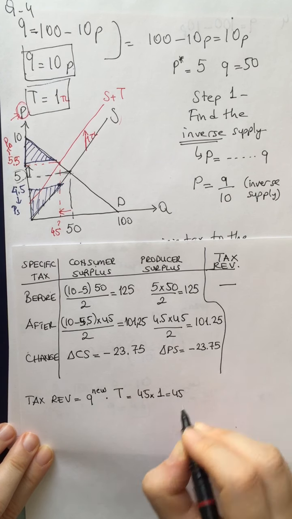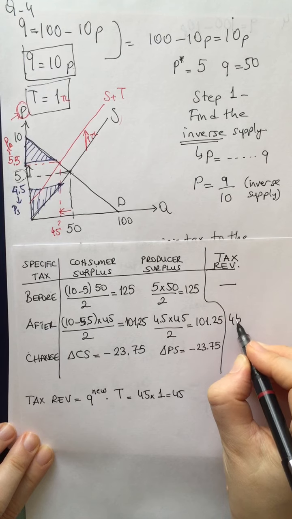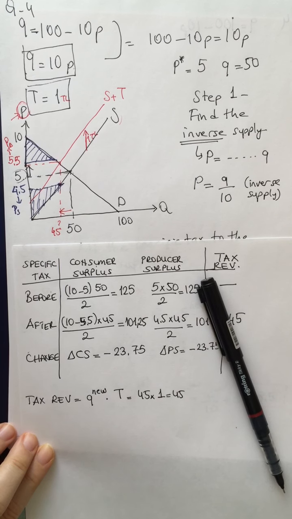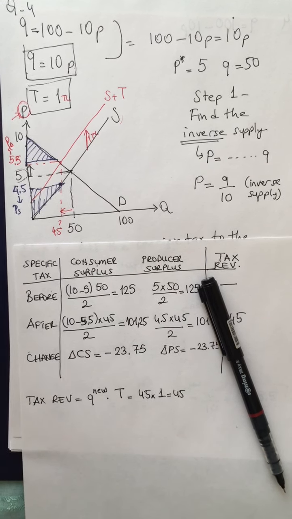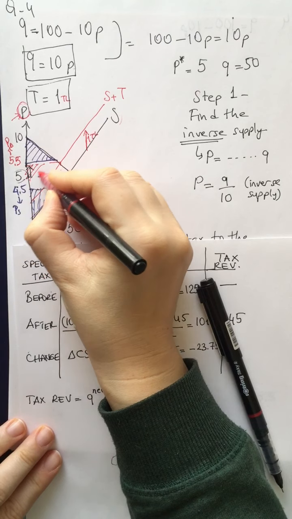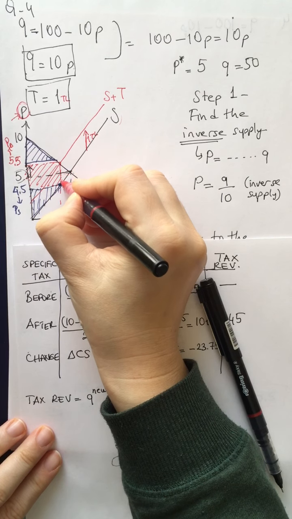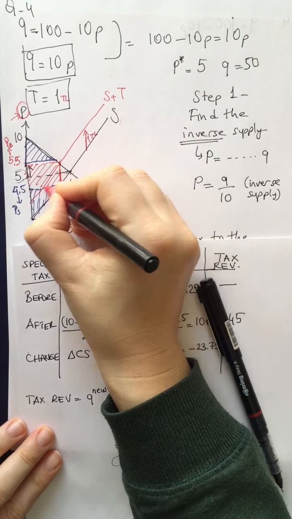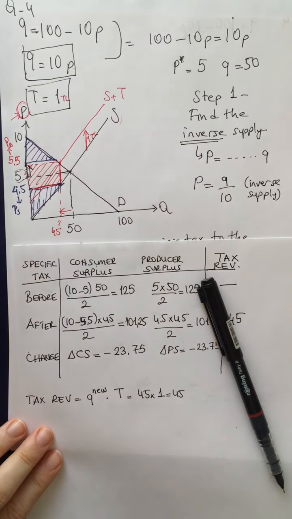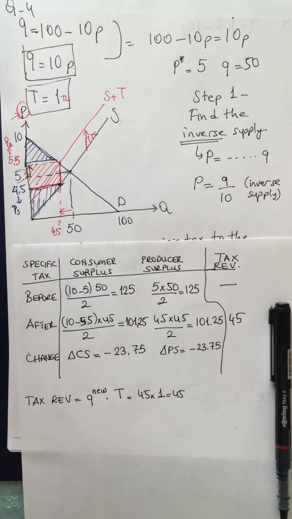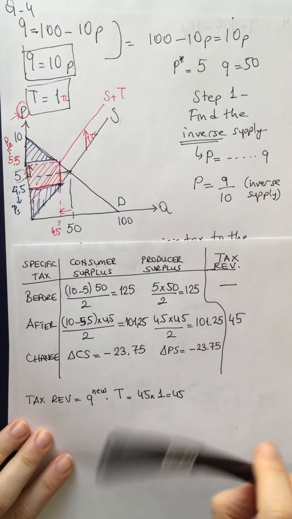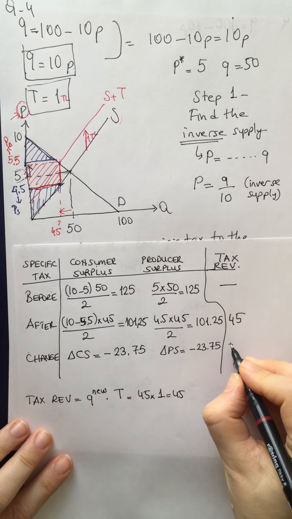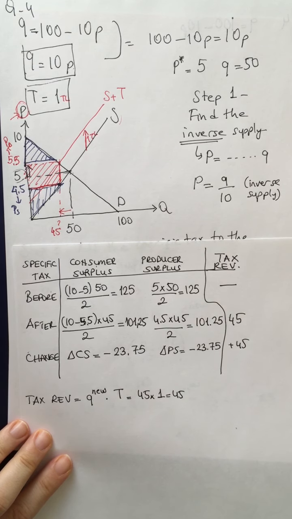So the tax revenue of the government is 45 lira. Which area is it? It is the area here, this area, 1 times 45. So the tax revenue of the government has increased from 0 to 45, a 45 unit increase in tax revenue.